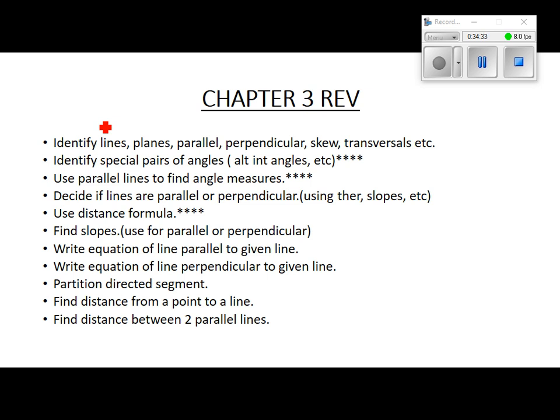Next one, very important: special angles. I guarantee I have some problem on the test that looks like this. What do those arrows tell us? Parallel. If I give you one of these angles, that angle right there is 72 degrees. You should be able to find every other angle in that picture.